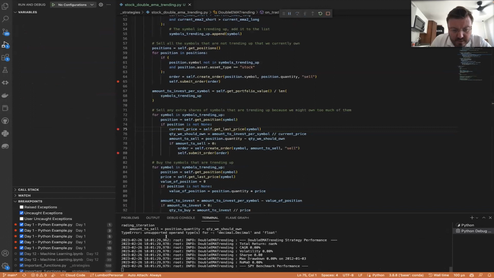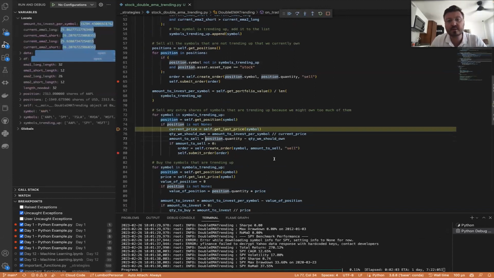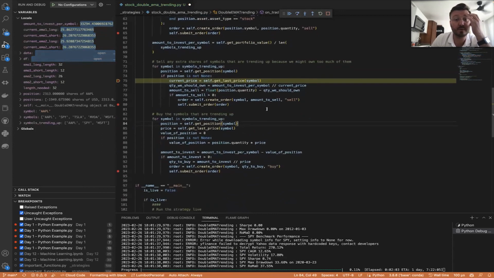Okay, but this is decimal and float. Okay, so quantity. So we'll call this float. Actually, yeah, let's call float, because we don't need to be that precise. It's okay. Right, so there's a little bug there.